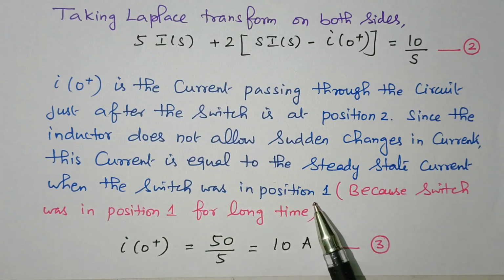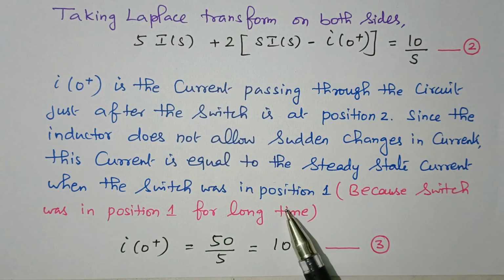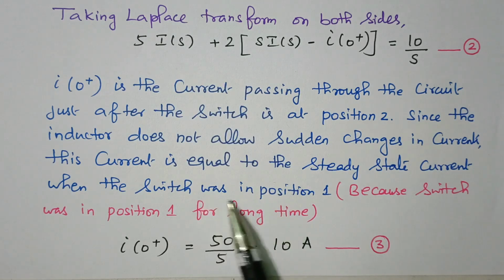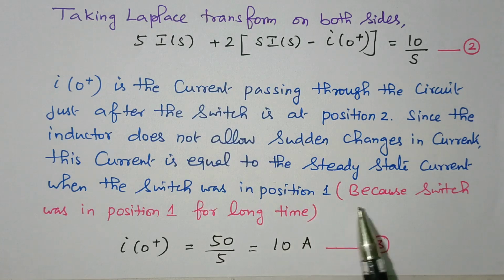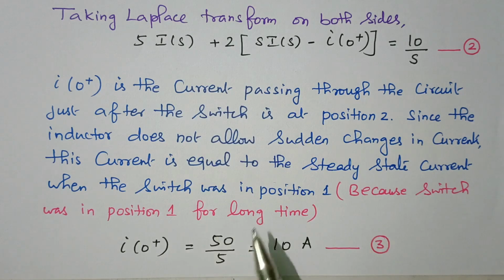Slowly it will increase or decrease. So this current is nothing but the current when the switch is at position 1, because the switch was in position 1 for a long time. So the current flowing during position 1 is the same as in position 2.